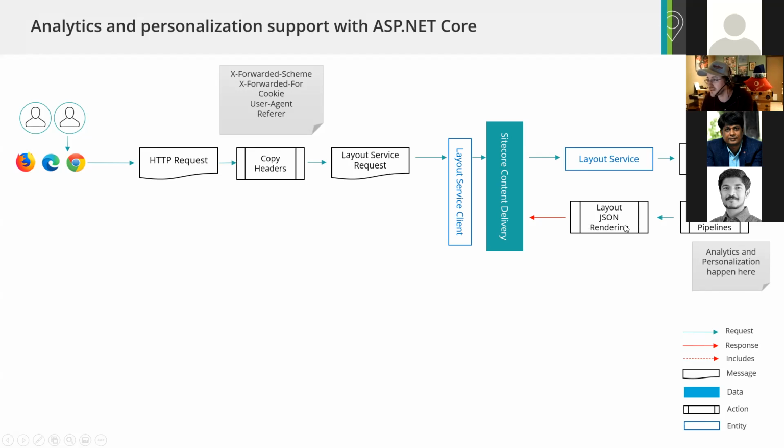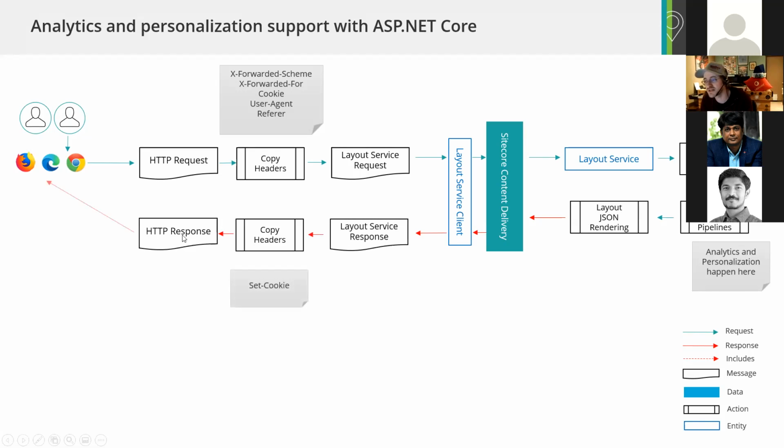But then instead the layout service is outputting JSON. And then a similar process is going to happen on the response with the set cookie header. So if, for example, Sitecore needs to initialize that analytics cookie, that's going to get copied from the layout service response to the HTTP response that goes to the browser and the website user.